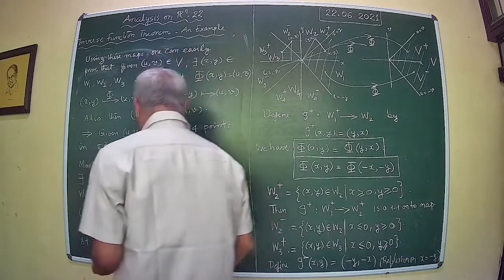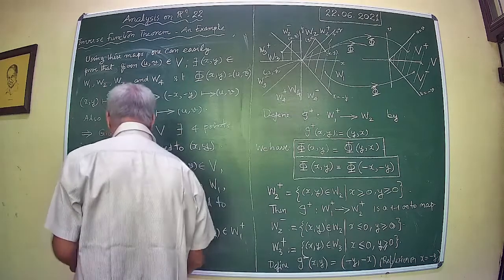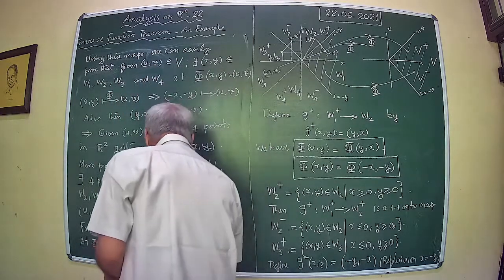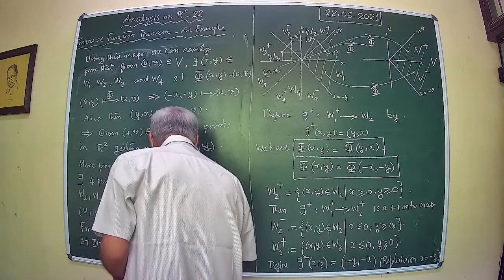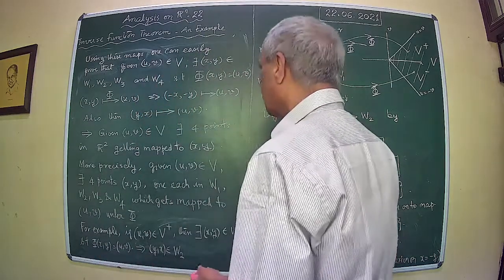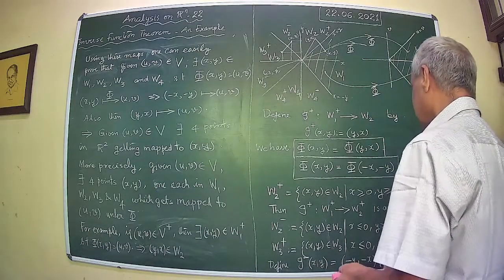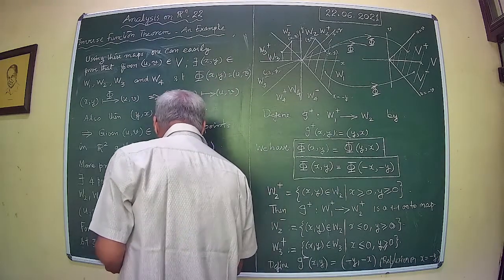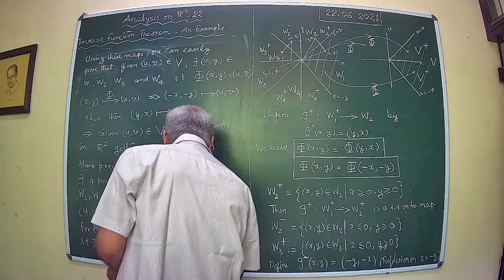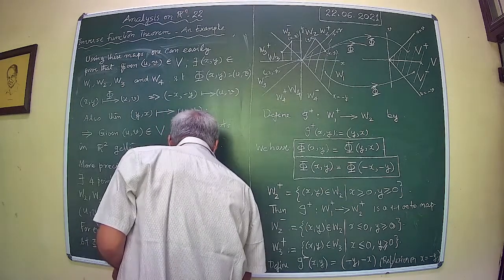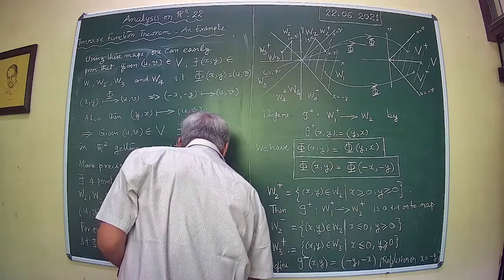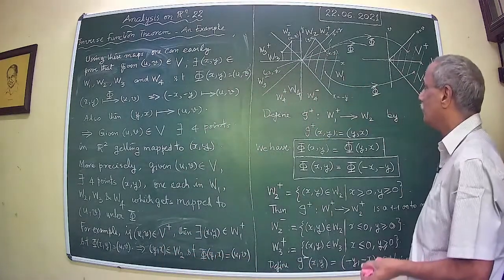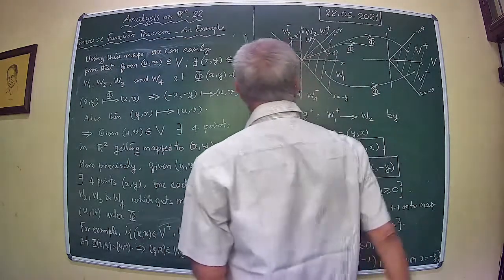So you have, there exists yx which belongs to W2, such that, now what do you do? You take the reflection of xy.